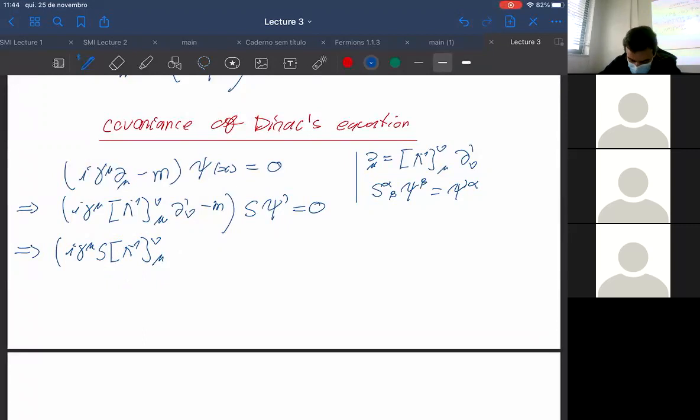I will put S here already: i gamma mu S D nu prime minus m S psi prime equal to 0.